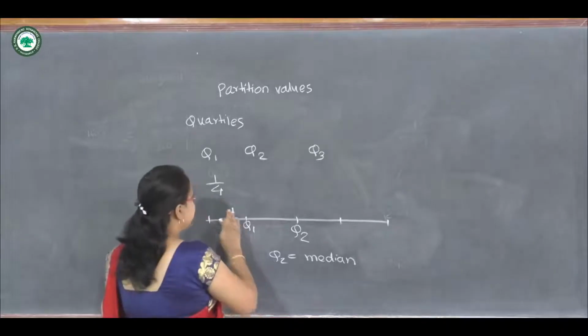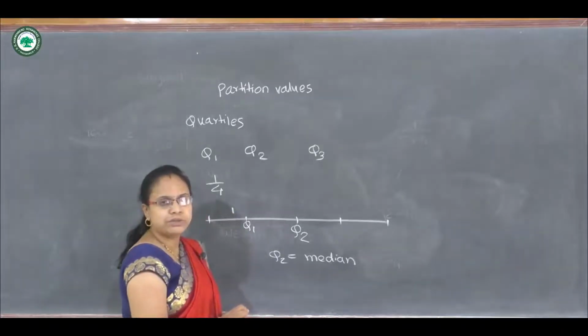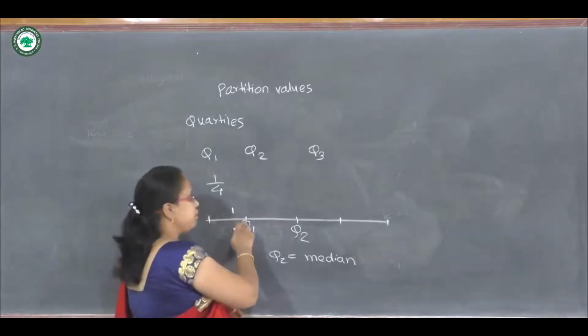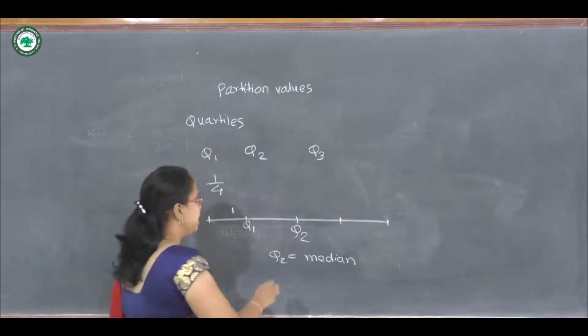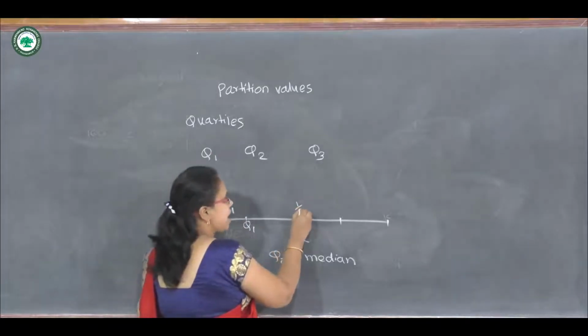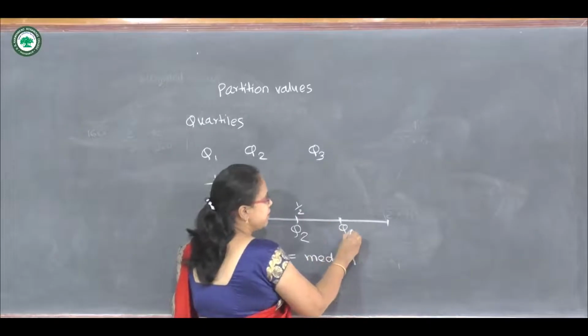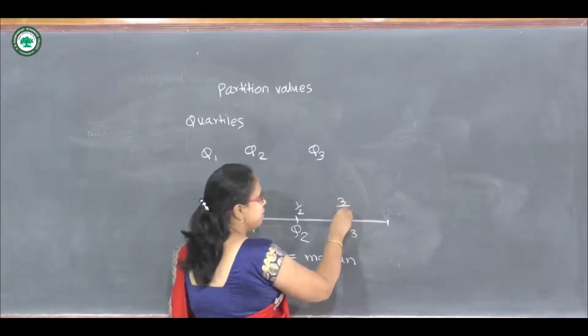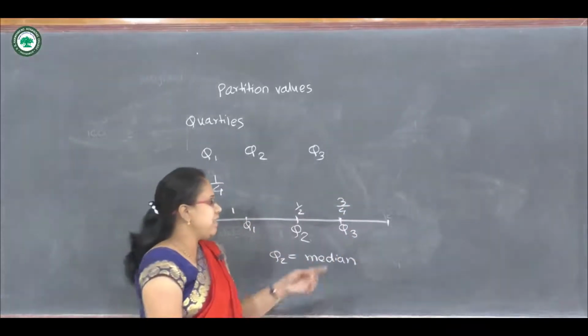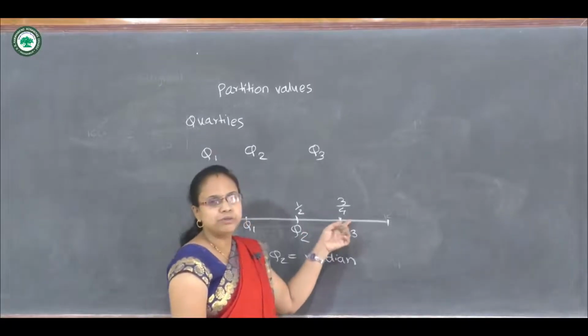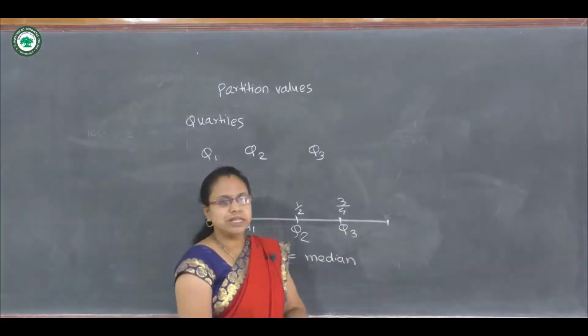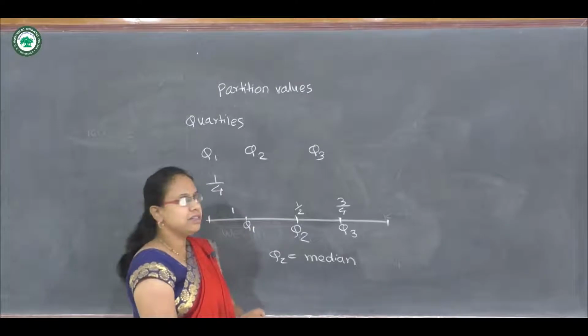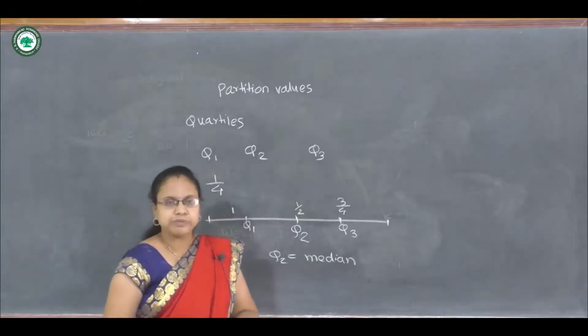So this divides the data into 1:3, or we can call 1/4th data. Then Q2 means this is the half, and here Q3 we can write it as 3/4. So it divides the data into 3:1. So in this way we can write the quartiles.